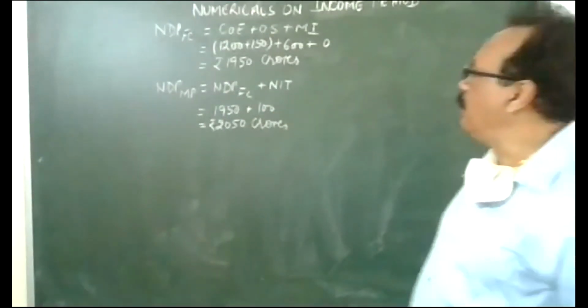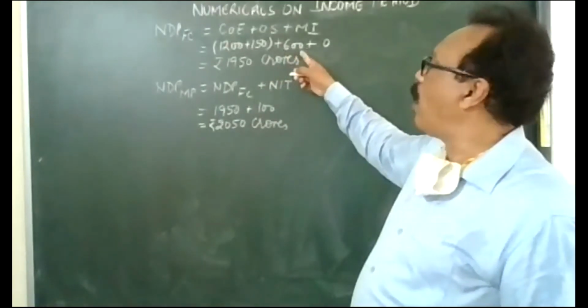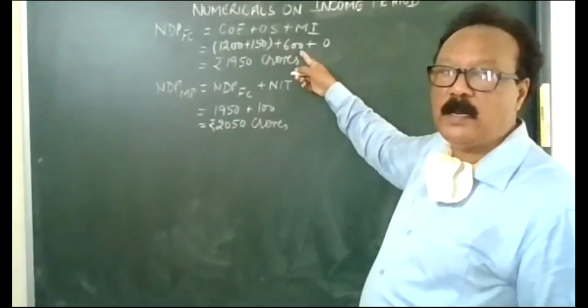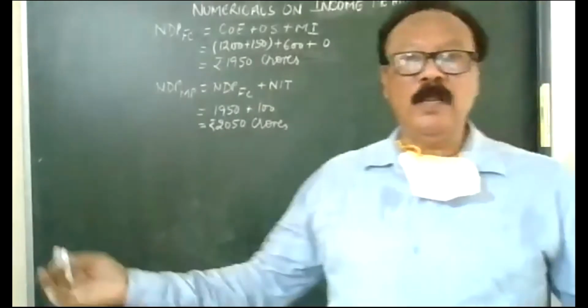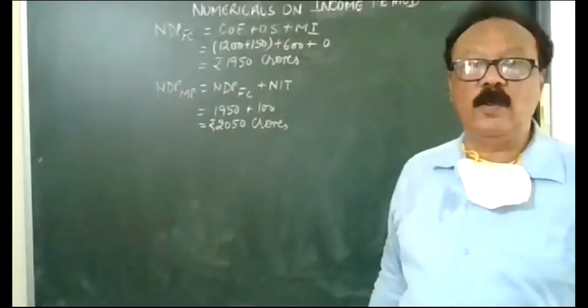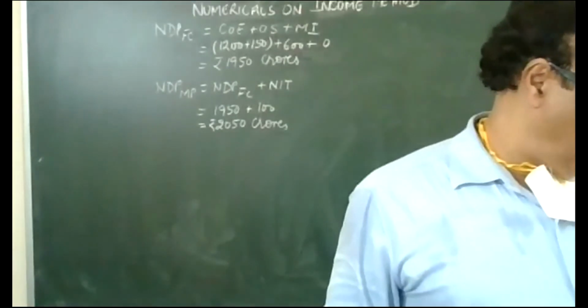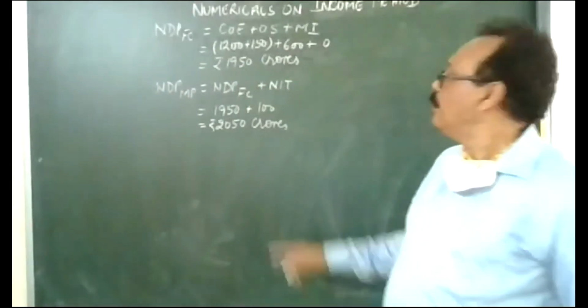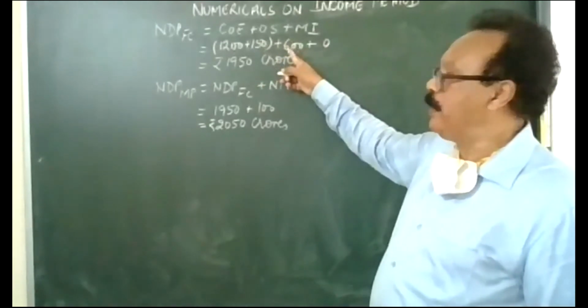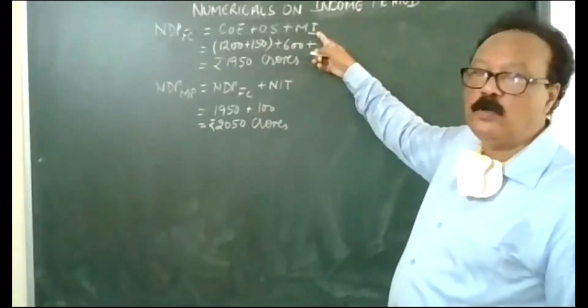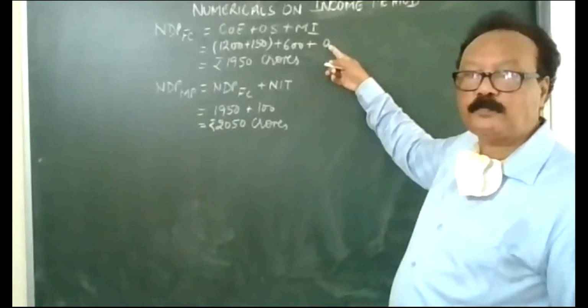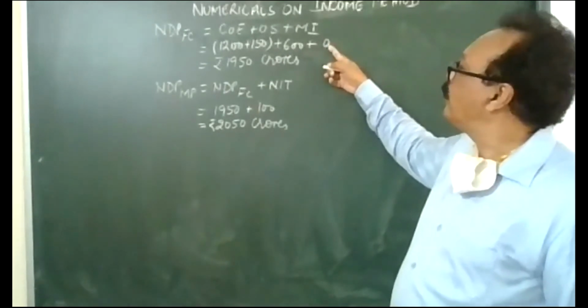Here in the question, the point to be noted is operating surplus is given directly. So we do not need to take all those parts in the operating surplus like rent, interest, etc., which are there in the question. We will take the value of operating surplus directly. Since there is no value given for mixed income, it is zero.